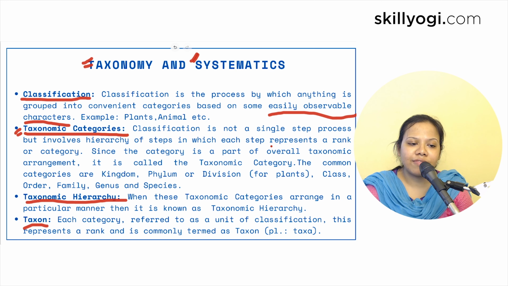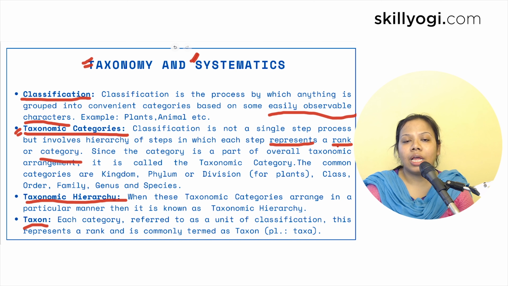Every one of these steps represents a rank or category, and in plural it is known as categories. Various steps and various ranks are present, that's why it is known as taxonomic category.